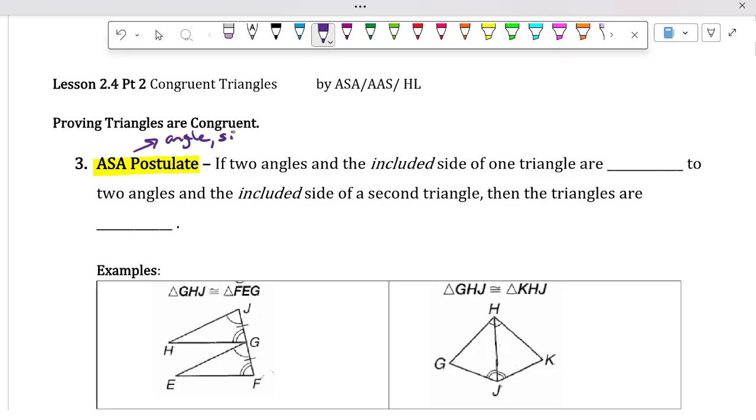Now, make sure that you pay attention to this one and the next one because they're very, very similar, but it's all about the placement of that one singular side that's congruent.